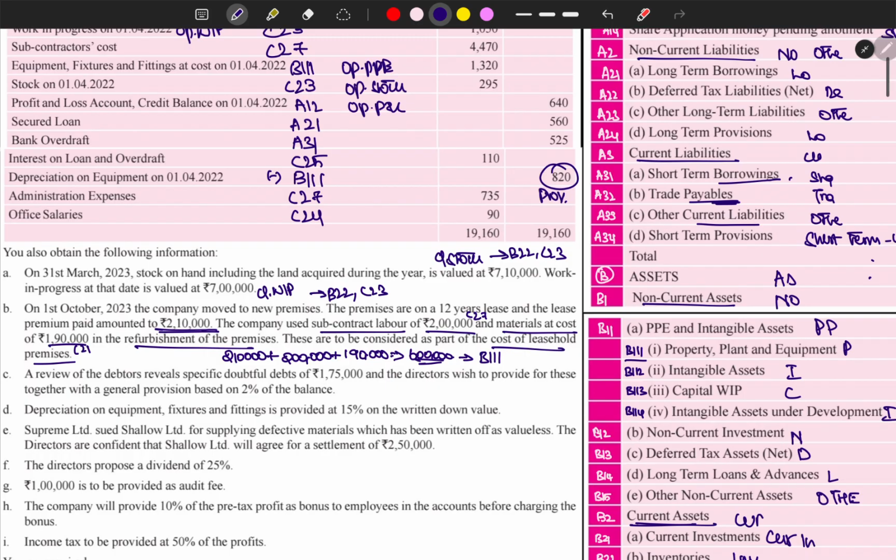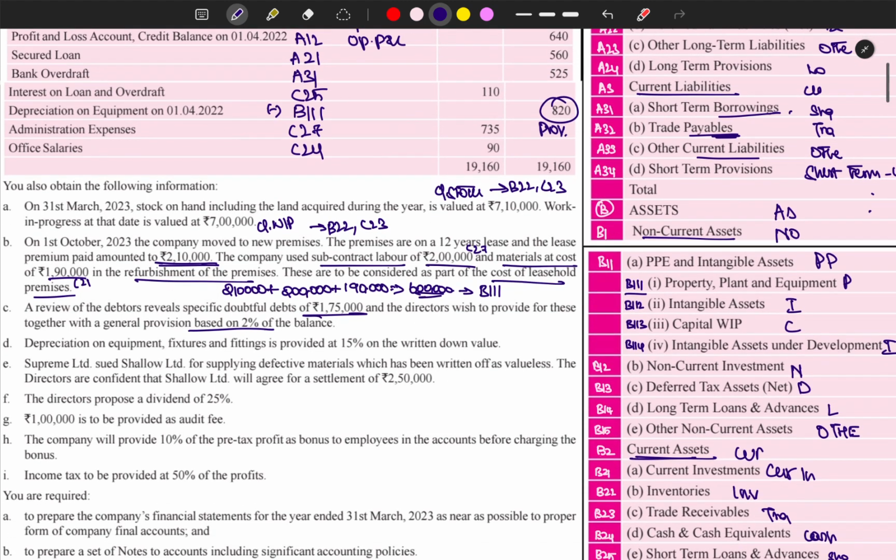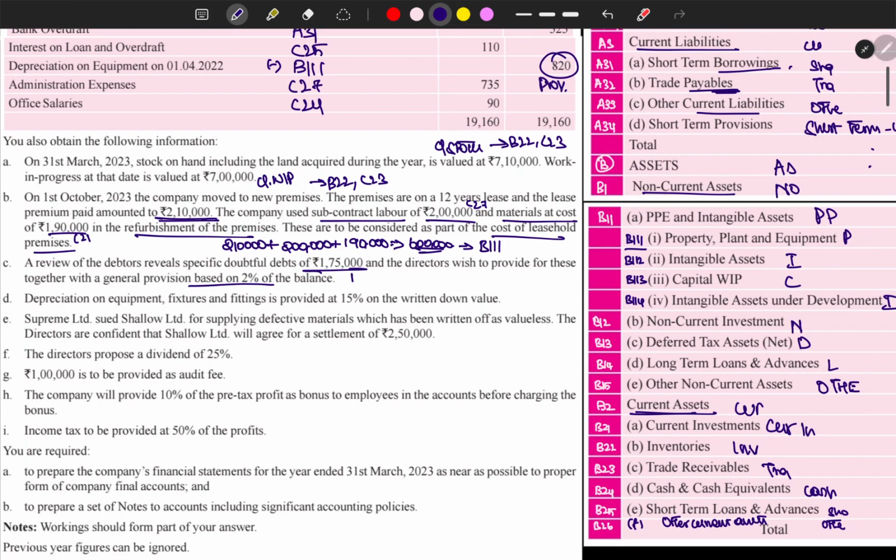Next, the review of data reveals specific doubtful debts of rupees 1,75,000. So they are asking us to provide 1,75,000 as a specific debt, and for general debt they are asking us to provide at a percentage. Now, debtors come under trade receivables, which is B23, and these two things have to go to other expenses, which is C27, right?